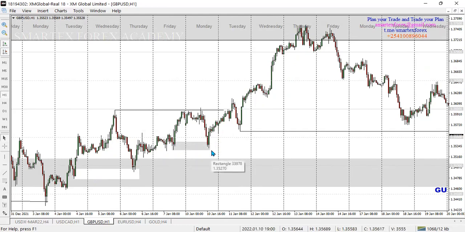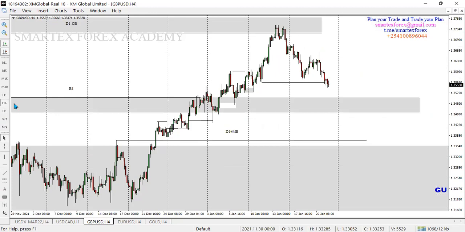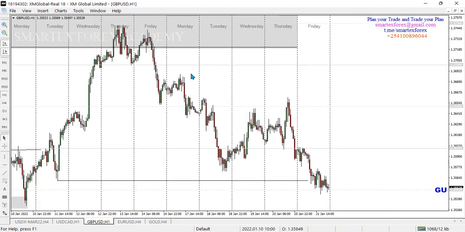That's it. Now, what else? After this little break of structure here, this was the OB and the up move, that is it.